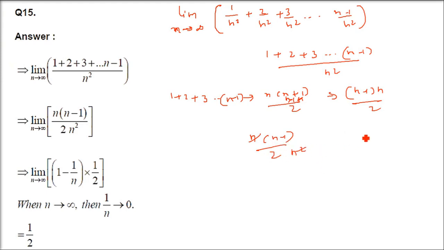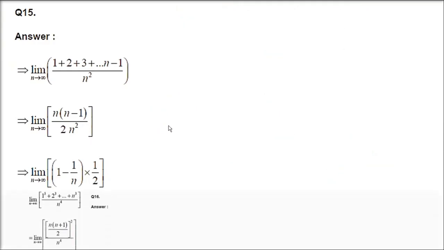So you have (n minus 1) by n, which becomes n by n is 1, minus 1 by n. Now apply the limit: 1 by n is going to be 0. Half is already there, so half into 1 is going to be half. This is the answer.